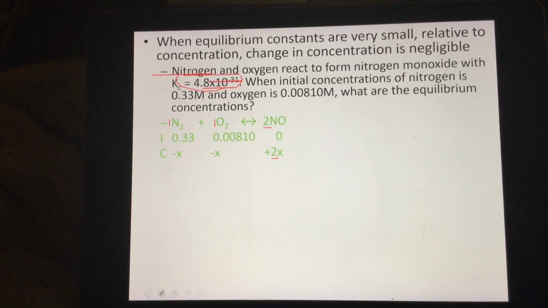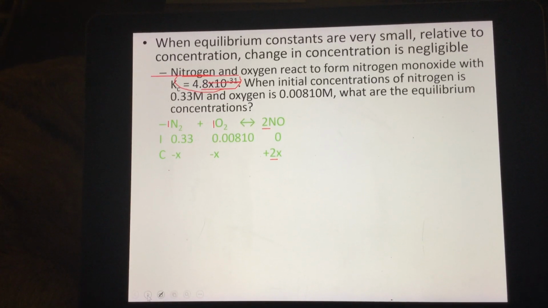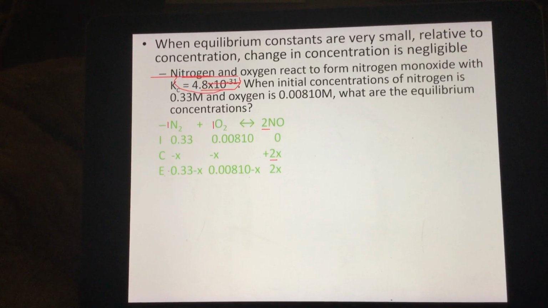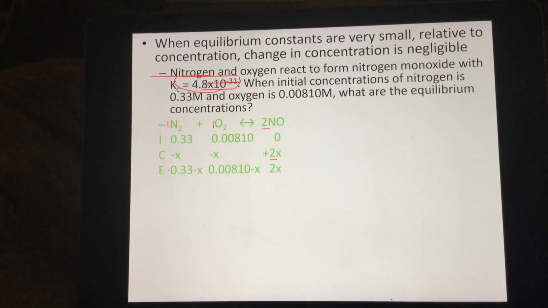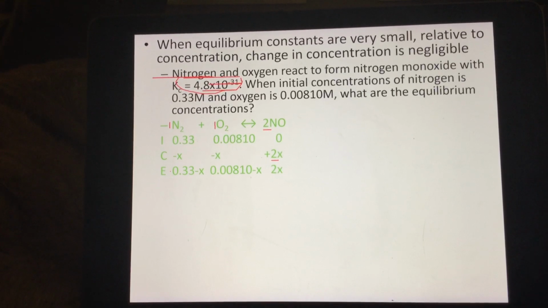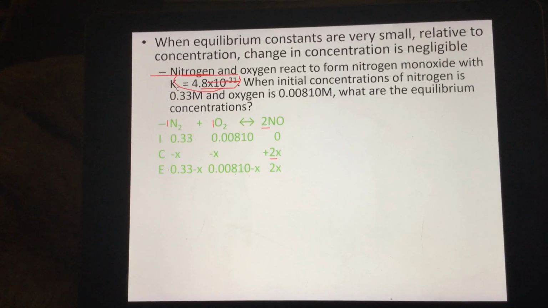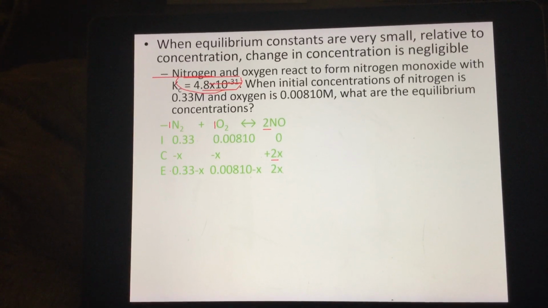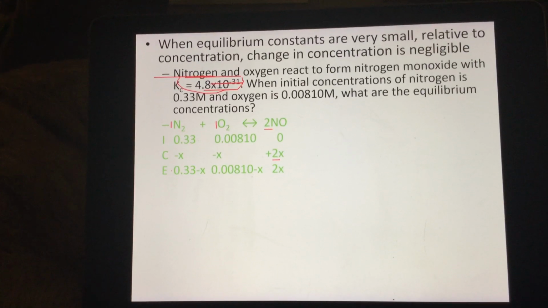So again, we have to pay attention to our coefficients. So that tells us that at equilibrium, we have 0.33 minus X for nitrogen, 0.00810 minus X for oxygen, and 2X for nitrogen monoxide.